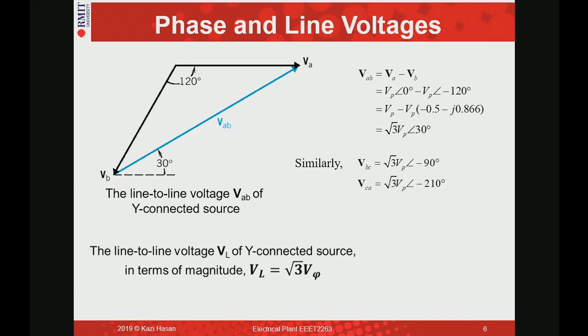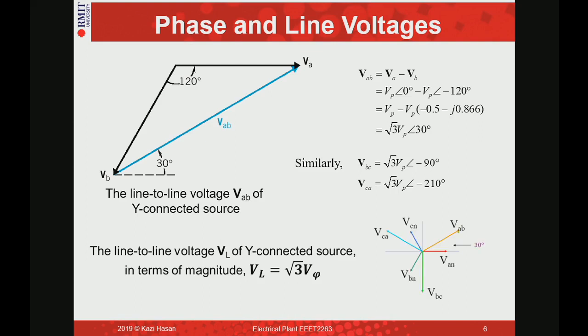The line to line voltage of a Y connected source is √3 times higher than the phase voltage. So VL equals √3 V phase. So line to line voltage is √3 times higher than the phase voltage, and there is an angle of 30 degrees.